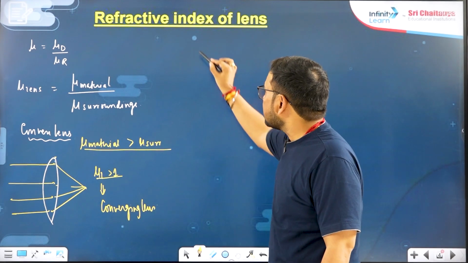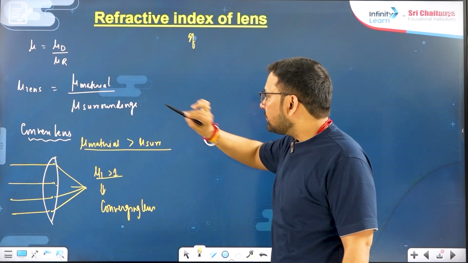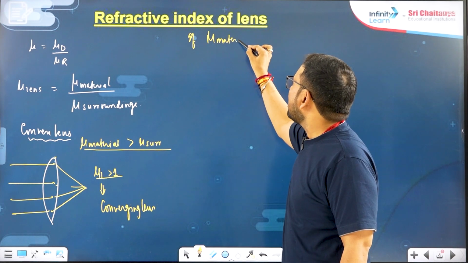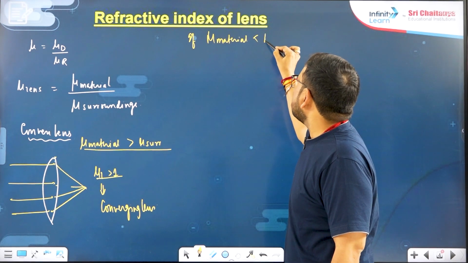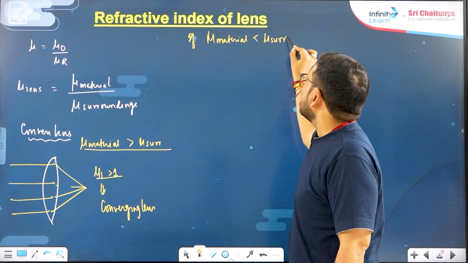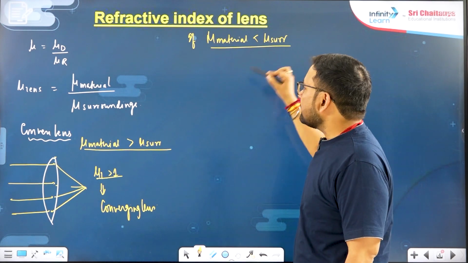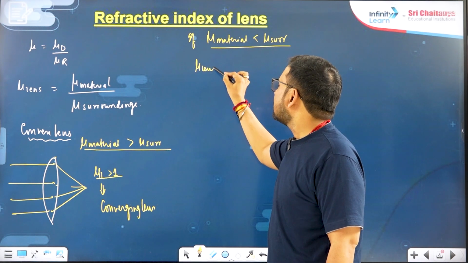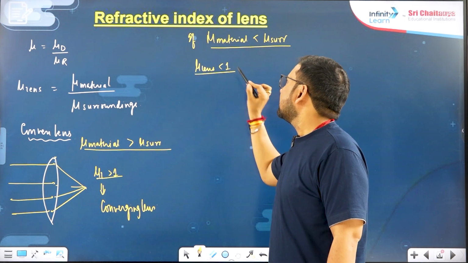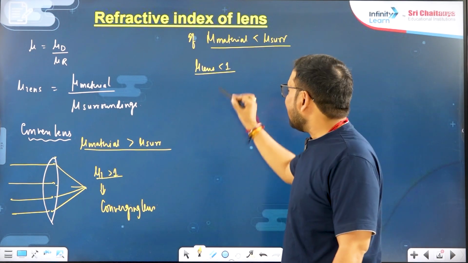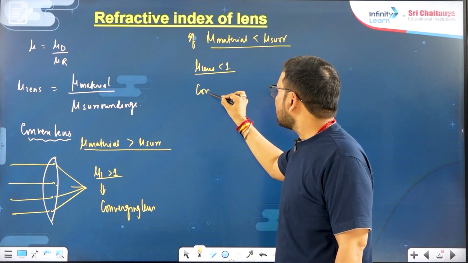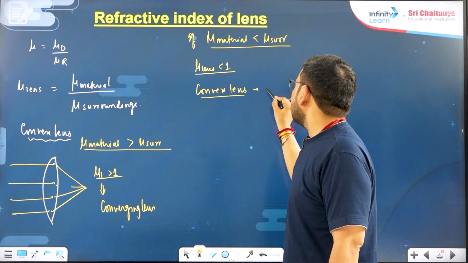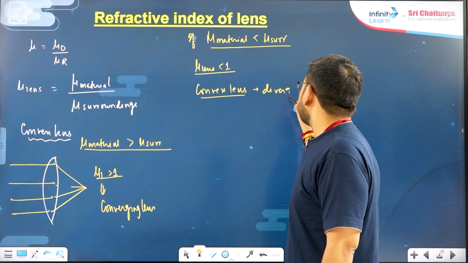But for the same convex lens, if mu of the material is less than mu of the surroundings, now your surrounding mu is more and the material mu is less, so mu lens will be less than 1, and then the same convex lens will be diverging.